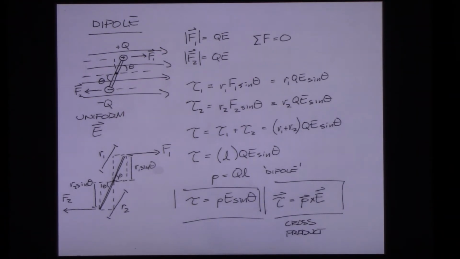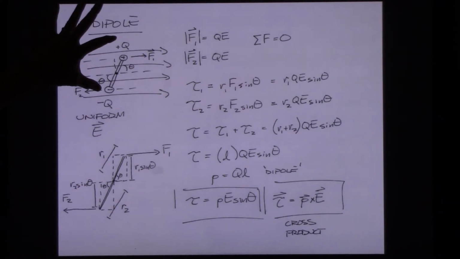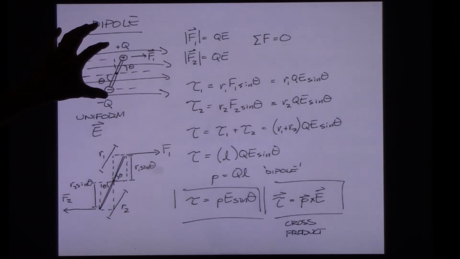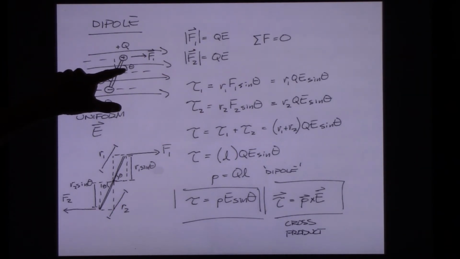So it depends on the amount of dipole times the strength, or the amount of E field, multiplied by the sine of theta. So if theta is 0, they're aligned, there's no torque. Where is the maximum torque going to occur? The maximum torque would be if I rotate the dipole so that it's at 90 degrees.